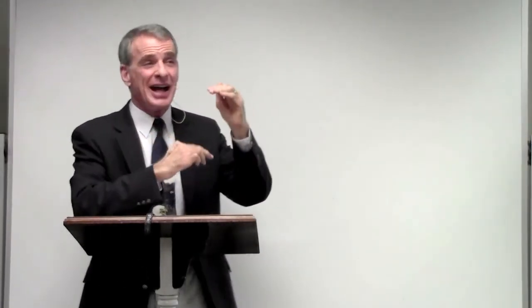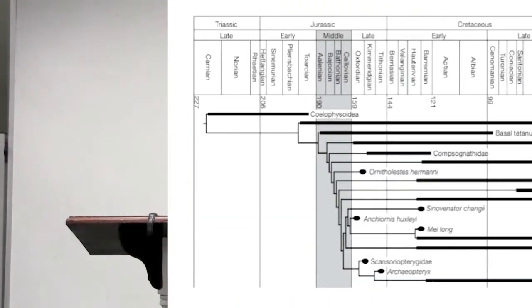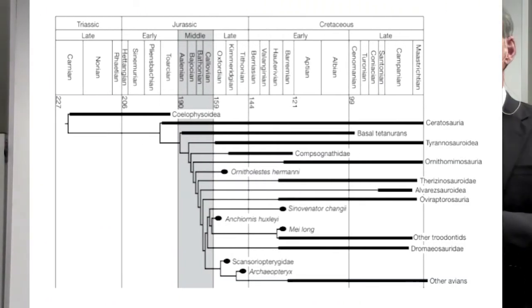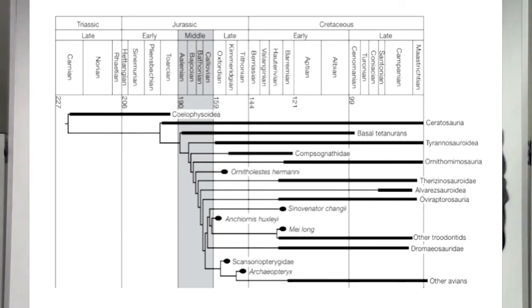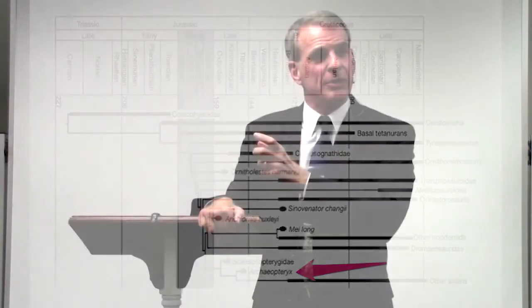But in fact, if we could have the PowerPoint slide, it's not really transitional in the sense of being an intermediate form. Now here we have a PowerPoint slide illustrating bird evolution. And what you'll see there is that Archaeopteryx, in fact, doesn't evolve into modern birds. It just goes extinct. It is not a transition from reptiles to modern birds.